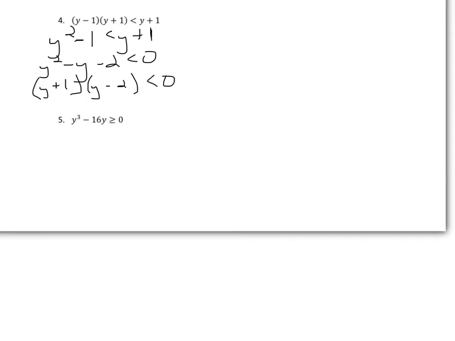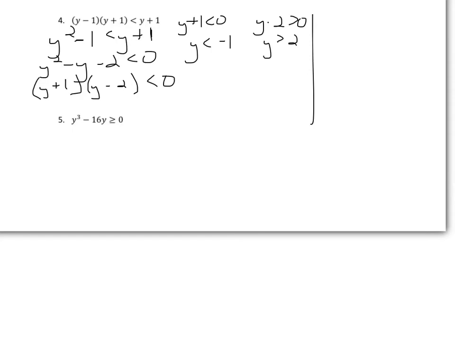Since it's less than 0, if we need this answer to be negative, we need those to have opposite signs. So case 1 here is where y plus 1 is less than 0, but y minus 2 is greater than 0. So we could solve these. y has to be less than negative 1, and y has to be greater than 2. Does that make sense?